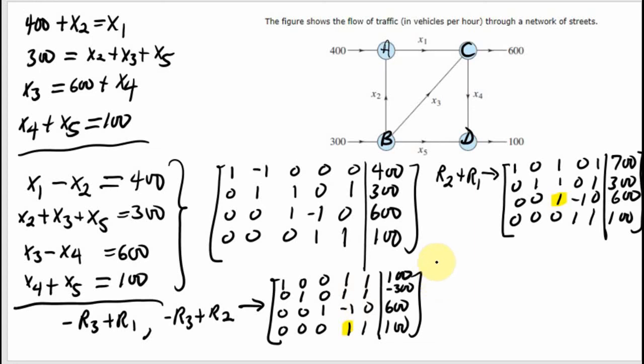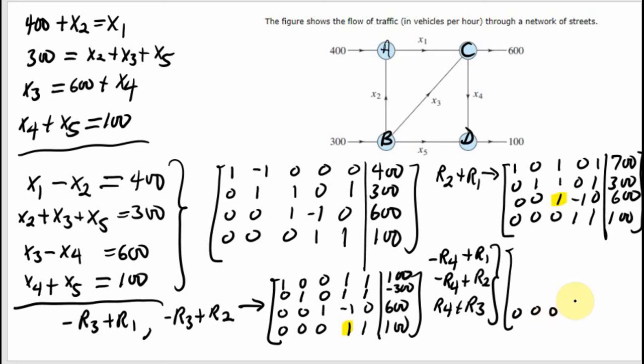So to do that, we'll say negative times row 4 plus row 1, negative row 4 plus row 2, and then simply add row 4 plus row 3. And the only row that's staying the same, staying alive, is row 4. So I'm going to put that guy down there.